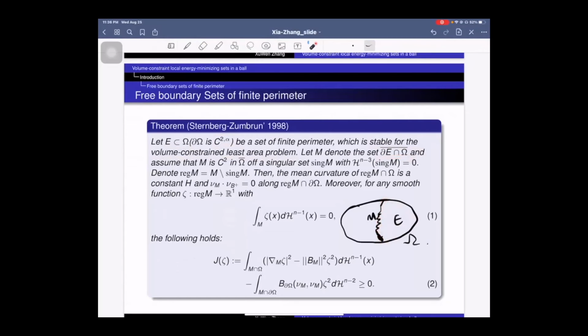And assume that M is C2 in the closure of omega outside of a singular set, singular M, with a low Hausdorff dimension. For example, this singularity has Hausdorff dimension less than n-3. And we denote the regular part of M to be M minus the singular part.